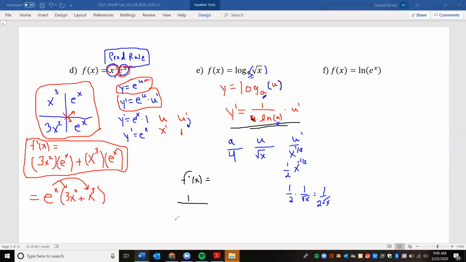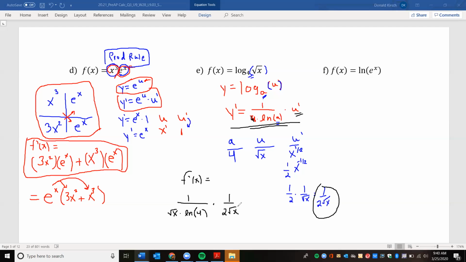So 1 over u, which is square root of x, times ln of a, which in this case was my base I've identified as 4, times u prime, which I identified down here as 1 over 2 radical x.